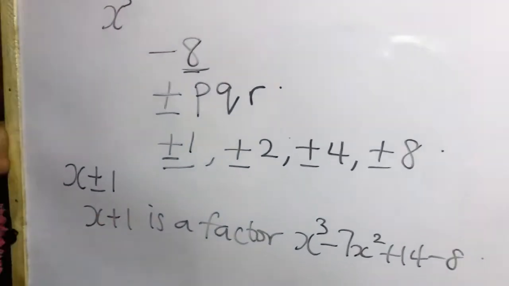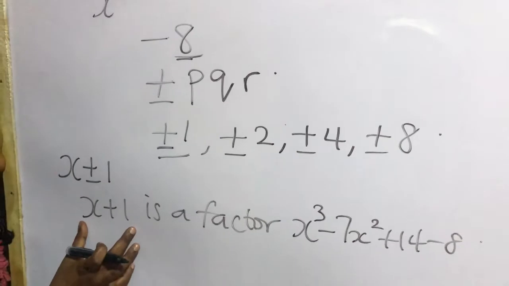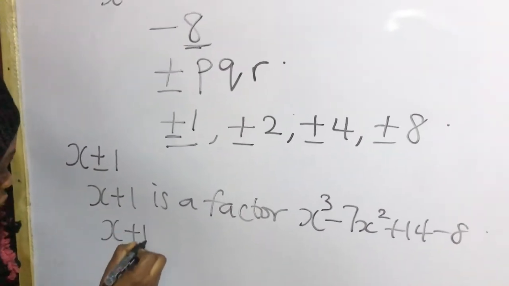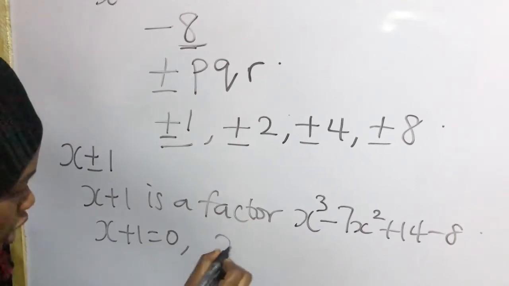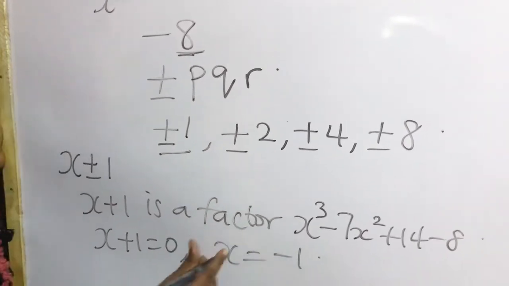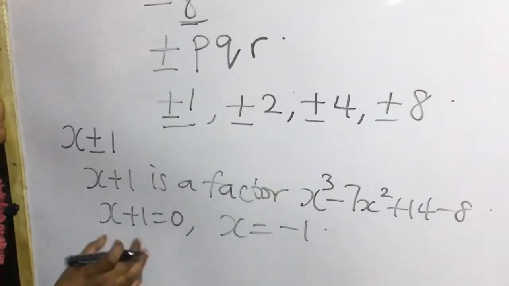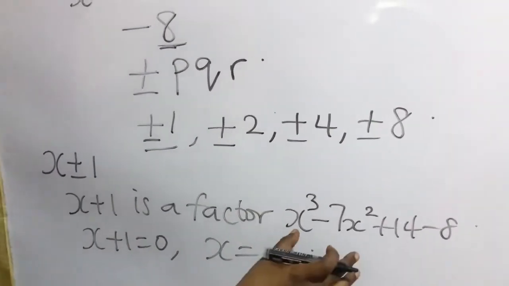How do we test that? You equate the factor x plus 1 to 0, so x plus 1 equals 0, then x will be equal to minus 1. Wherever we see x, we are going to put minus 1. If the answer gives us 0, that means x plus 1 is a factor of this polynomial.